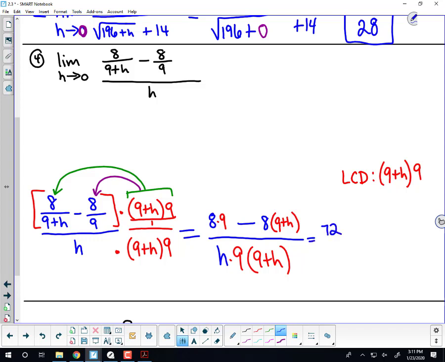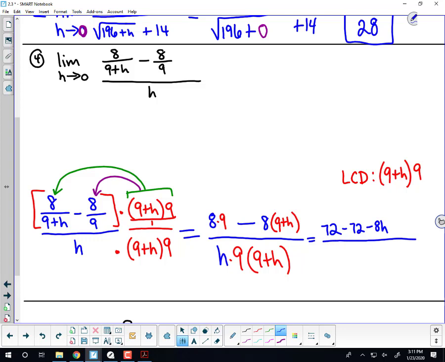So we have 72. This is important. You've got this -1 out in front. So don't say that's just 8 times 9 plus h. It's -8 times that quantity. So -8 times 9, -8 times h rather.